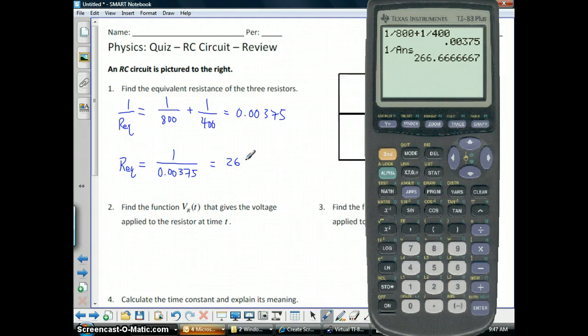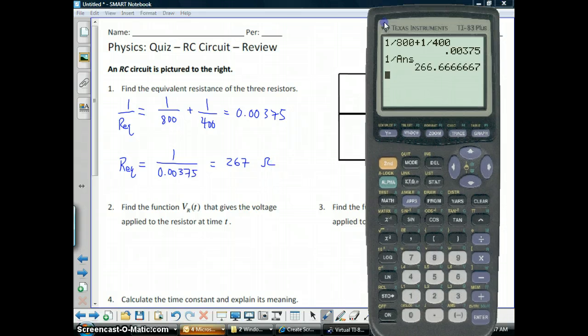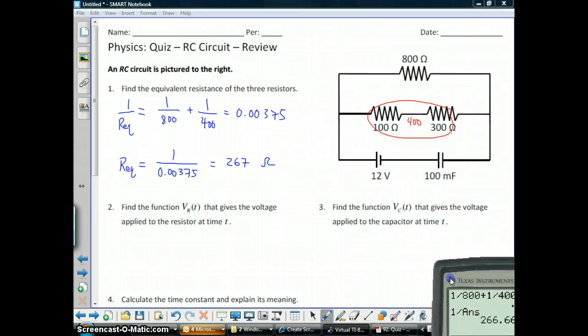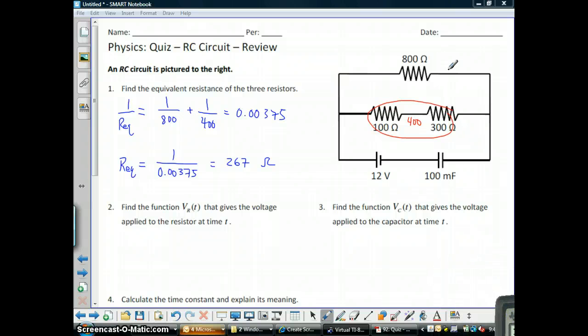So it's about 267 ohms. So this entire circuit looks something like this, where all those resistors have an effective resistance of 267.